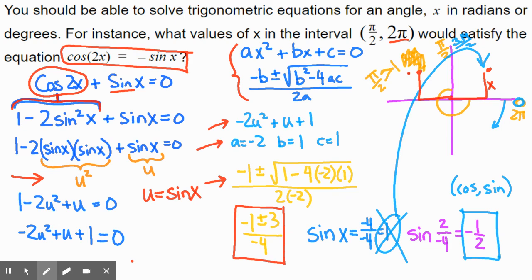I might have gone a little fast for you there. Too fast for me. If the sine of x is 1, it's positive there and there. So yeah, either one of those would work.